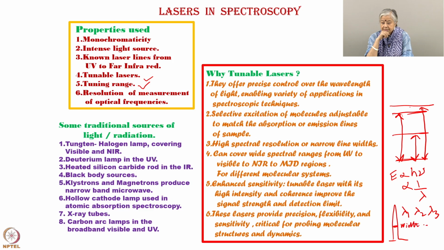So you want this width to be smaller and smaller, a very narrow line width laser, so that you can pinpoint the exact energy level of the species. Then it can cover wide spectral ranges from ultraviolet to visible to near infrared to mid infrared region for different molecular systems.